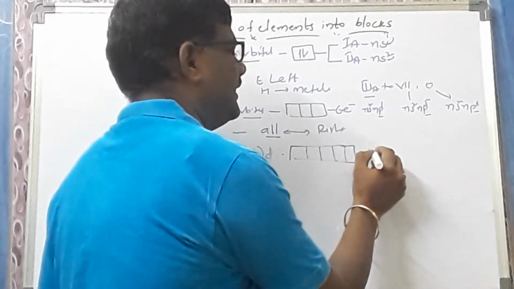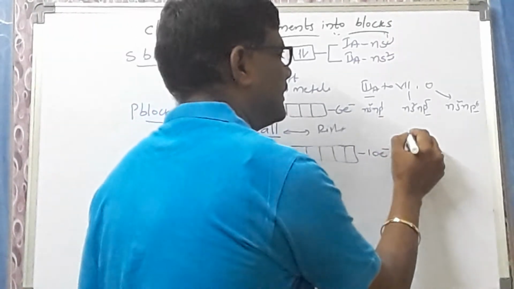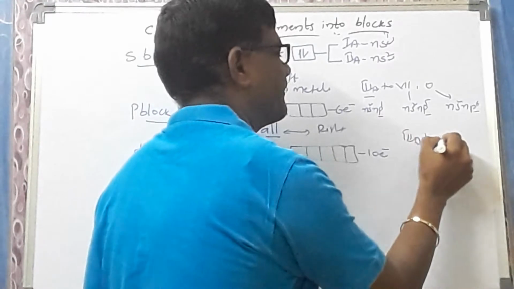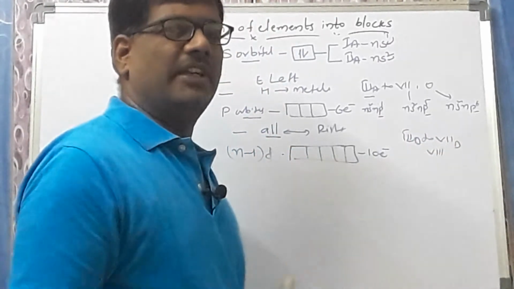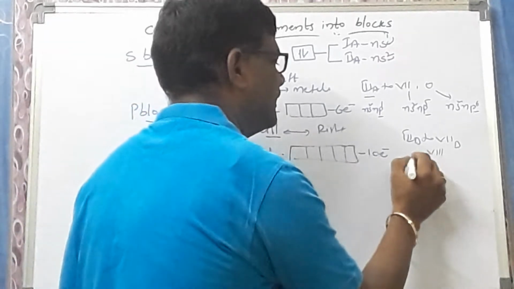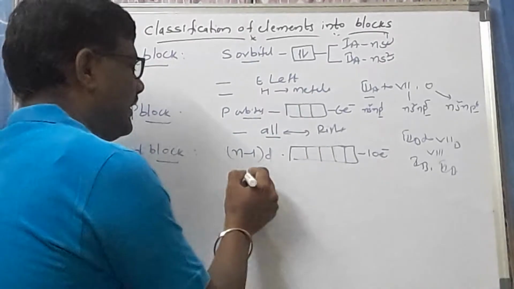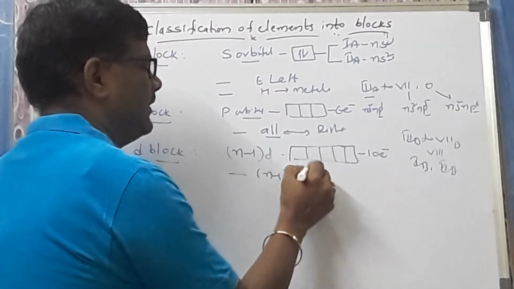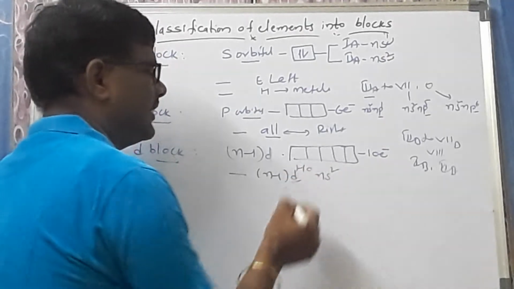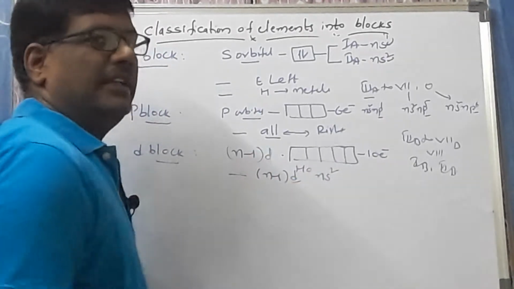We can accommodate 10 electrons, so we have 10 groups, starting with 3B to 7B, the 8th group which is the combination of groups 8, 9 and 10, then 1B and 2B. The D block valency electronic configuration is (n-1)d1 to 10 ns2, where the differentiating electron enters into the d orbital of the penultimate shell.